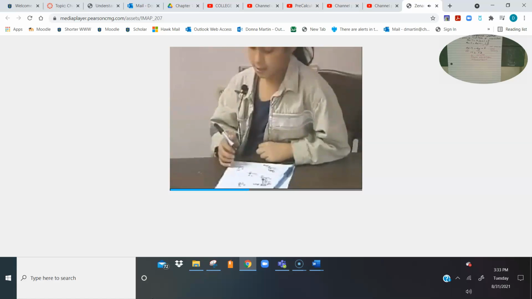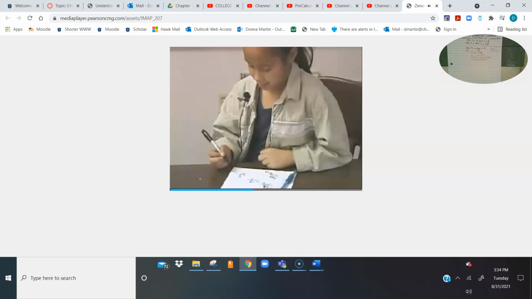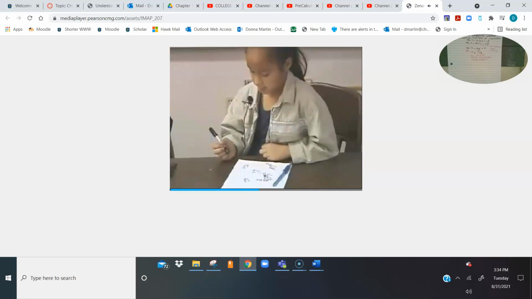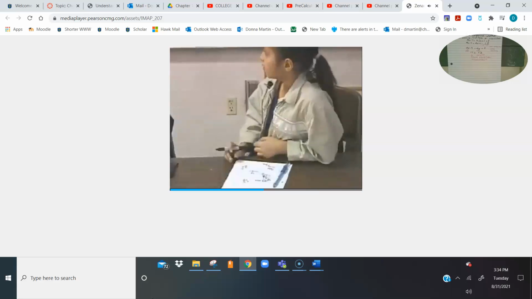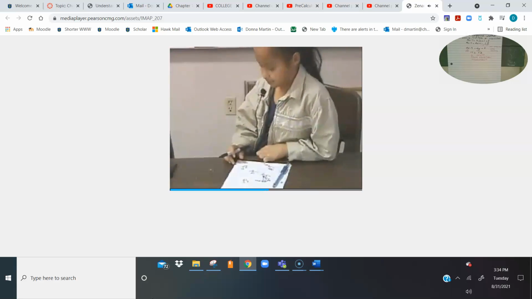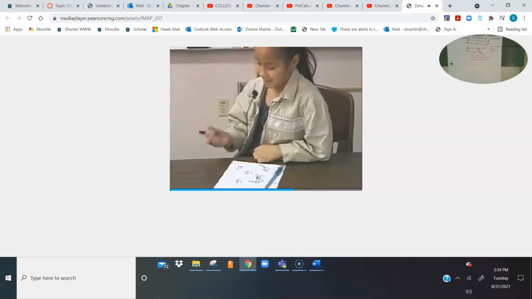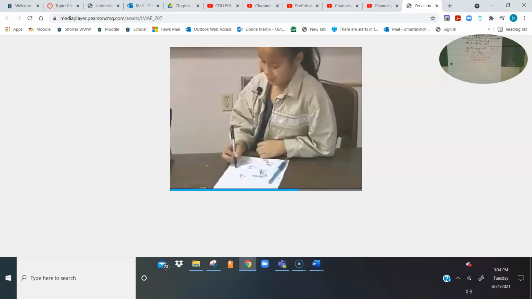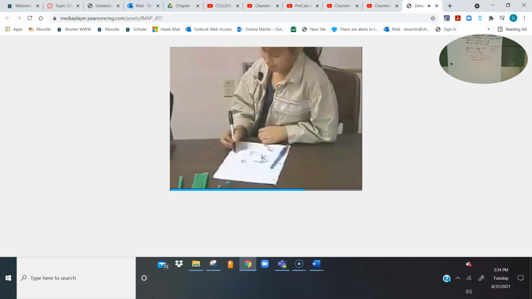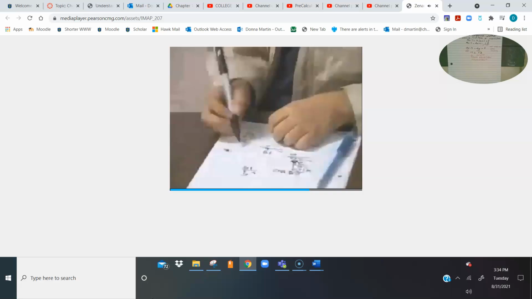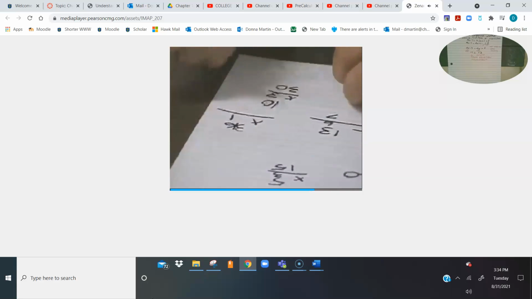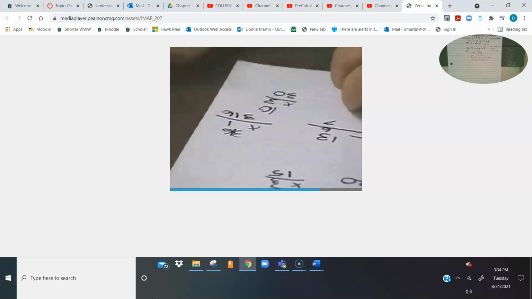There's 10 tens in 100 plus 2 more tens is 12. Perfect. That's great. Okay. And how many ones are there in 316? 316. Great. And how did you know that? Because 316 times 1 is 316. Just great.